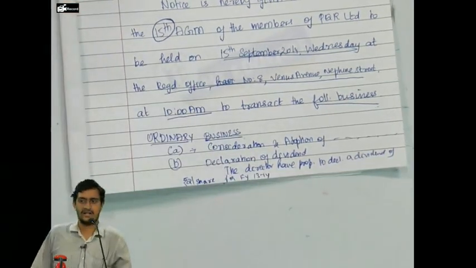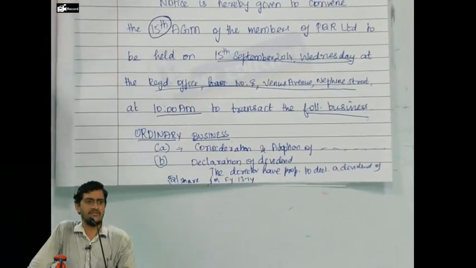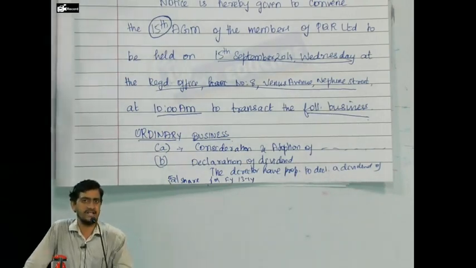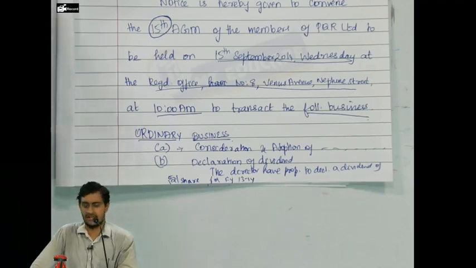Like this you can write. Understand, notice itself is given only for giving information to the shareholders. Please don't give incomplete information to the shareholders. Your notice then becomes redundant, useless. So in declaration of dividend, you say that the directors have proposed to pay this much as dividend.